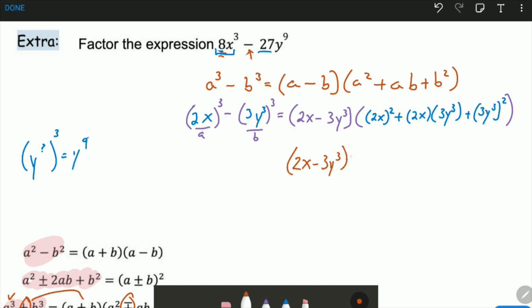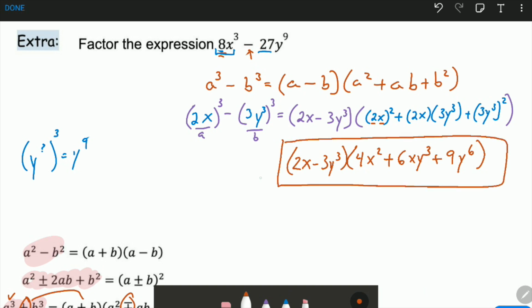It's not changing. The second factor, we're going to raise both bases to that power. So 2 squared is 4 and x squared is x squared. The second term, 2x times 3y cubed, is going to be 6xy cubed. Then for the third term, 3 squared would be 9, and y to the third raised to the second is y to the 6. And there we have our final answer.